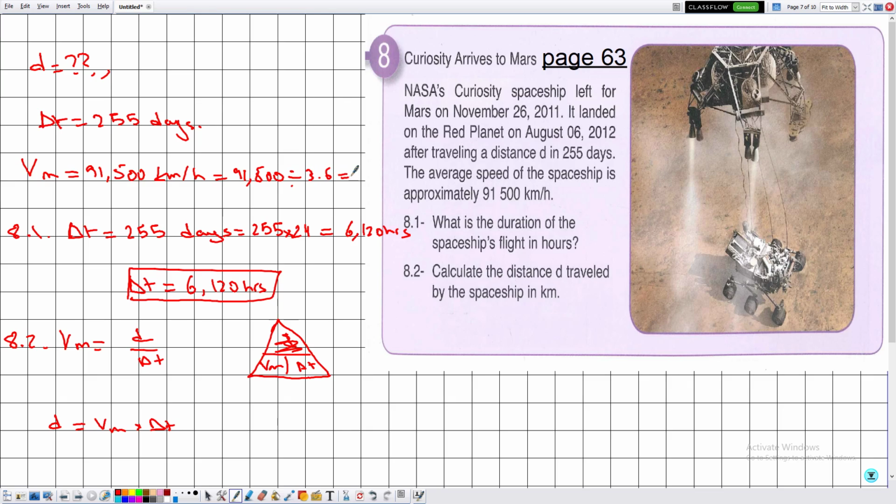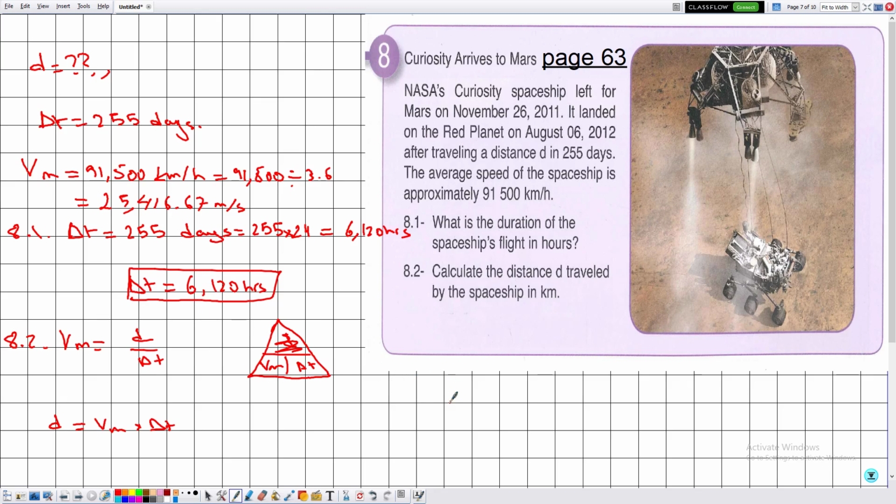Dividing it by 3.6, it is given by 25,416.67 meters per second.